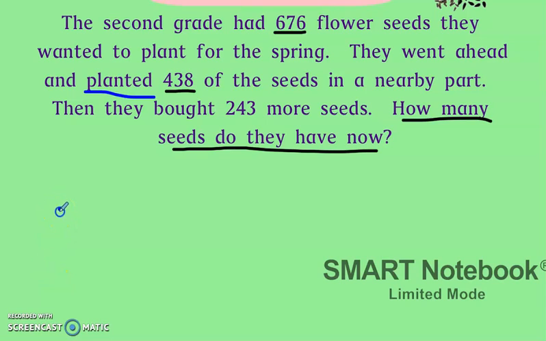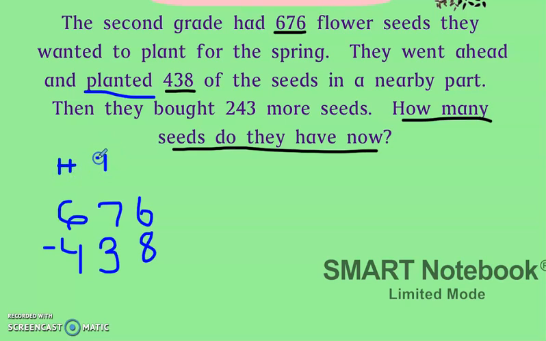So let's take 676 minus 438. Don't forget that H, T, O. Okay, my friends.